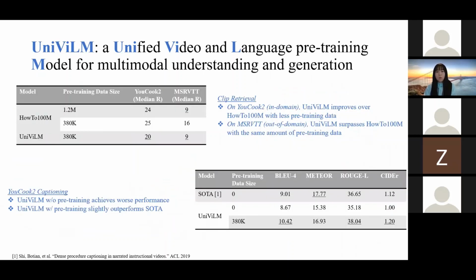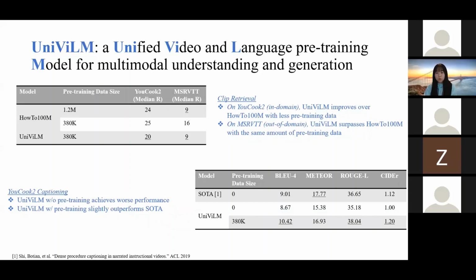So the table on the top left shows clip retrieval results on YouCook2 and MSR-VTT. We consider YouCook2 as in domain while MSR-VTT as out of domain, because Uni-ViLM is pre-trained on cooking videos.